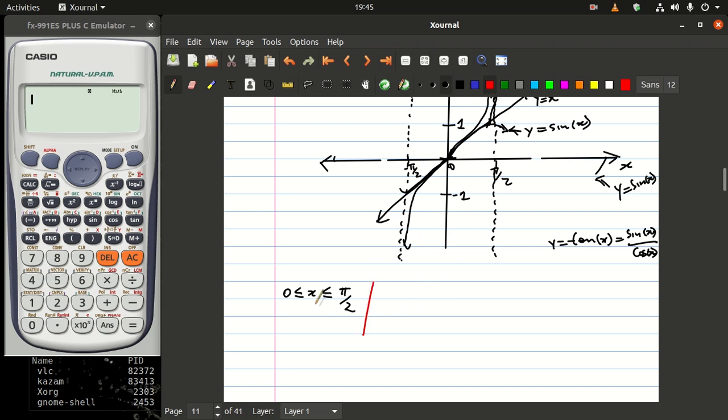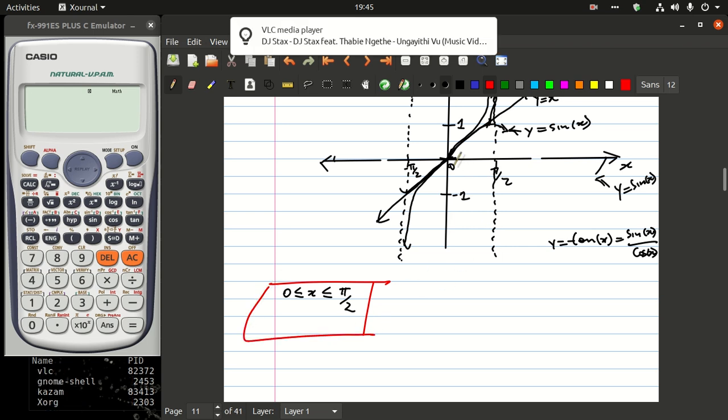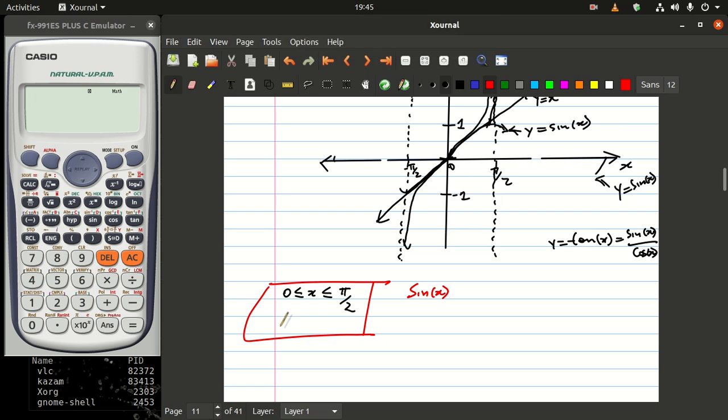So if I'm looking into this region here, sine of x, let me start with this. In this particular region, x is positive. So it's something that you need to know. Sine of x, this function here, is always going to be less than or equal to x.